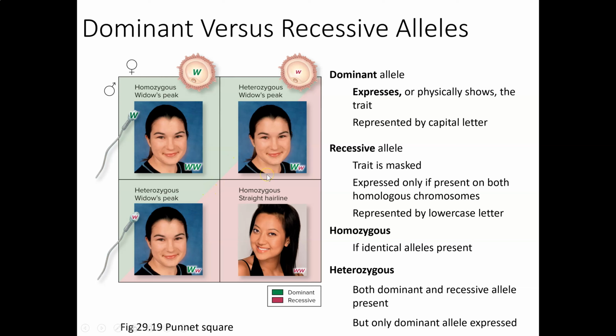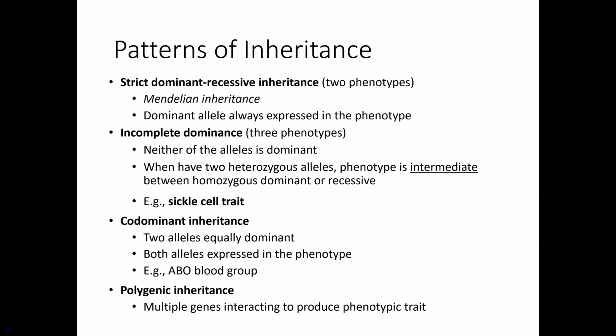In that case, you end up with 3 genotypes and 3 phenotypes. We're going to go through that one by one, and I'm going to give you some examples. We're going to focus mainly on the first 3 types of patterns of inheritance. In lab exercise 12, you are actually going to practice with all 3 types of scenarios.